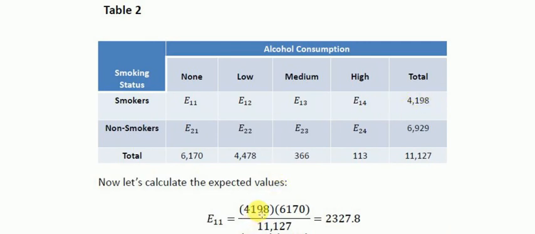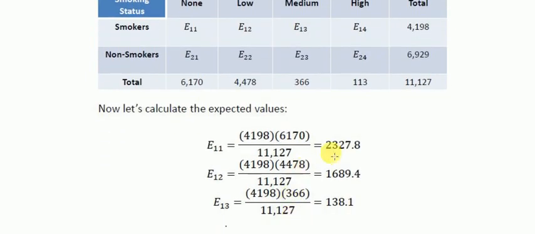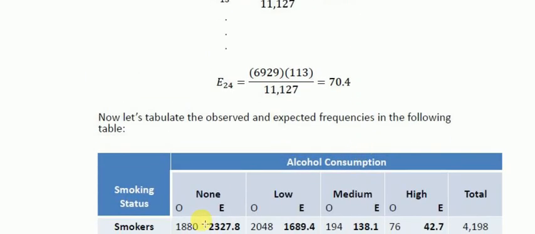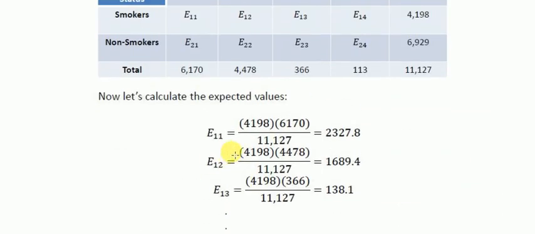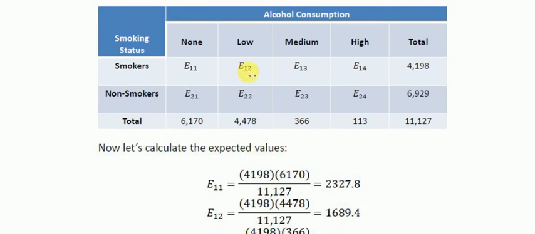We put it over here. The column total for this cell is 67170. We put it over here and divide by the total sample size, which is given over here. We get the expected frequency, 2327.8, and we put it over here. Likewise we go for the second cell, third, fourth, fifth, sixth, seventh, eighth.